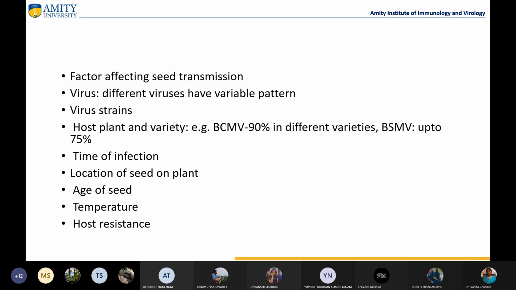Ma'am, I was just asking how many groups are going to present on Thursday. Your group is which group? Group number? I guess second or third. I'm group 2, I guess.